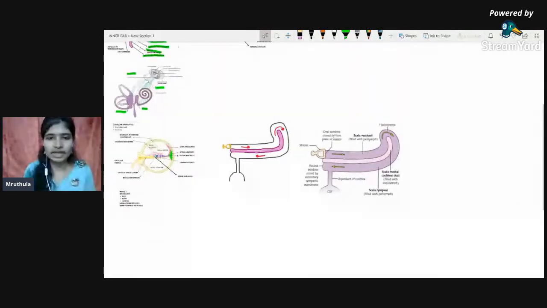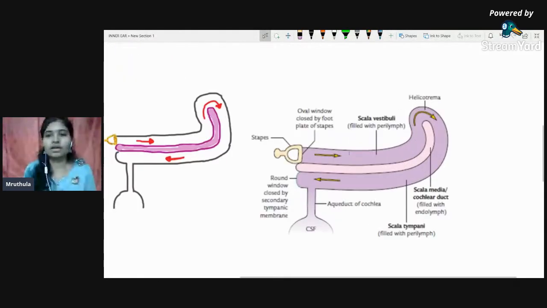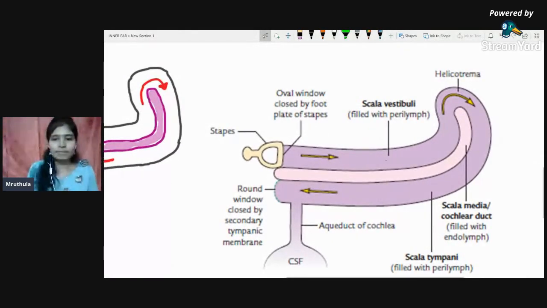Let me show that in this diagram. The 3 compartments of the cochlea are the scala vestibuli, scala media, and the scala tympani. Don't get confused with the words. This might seem confusing because it's new, but it is not at all confusing.